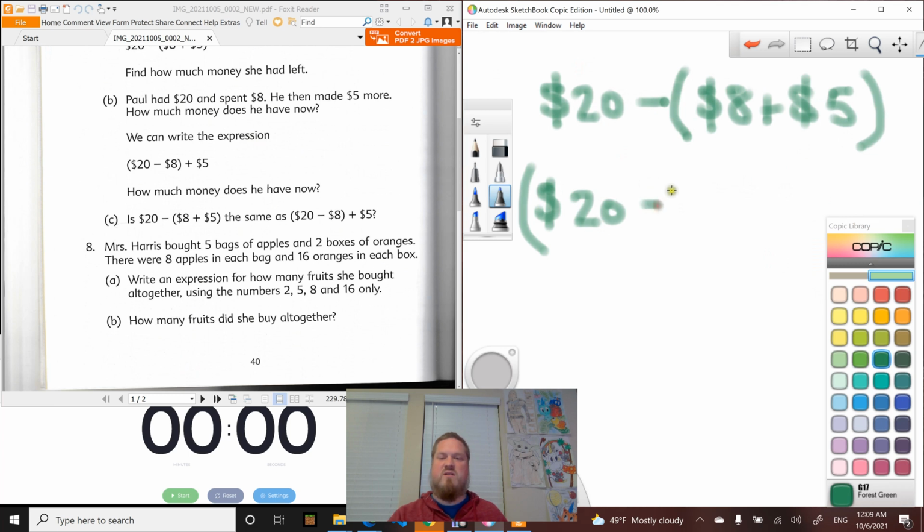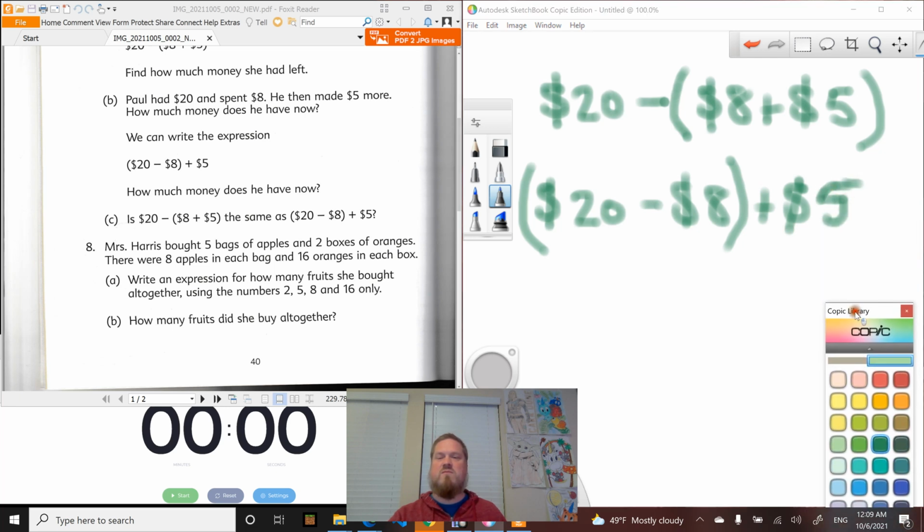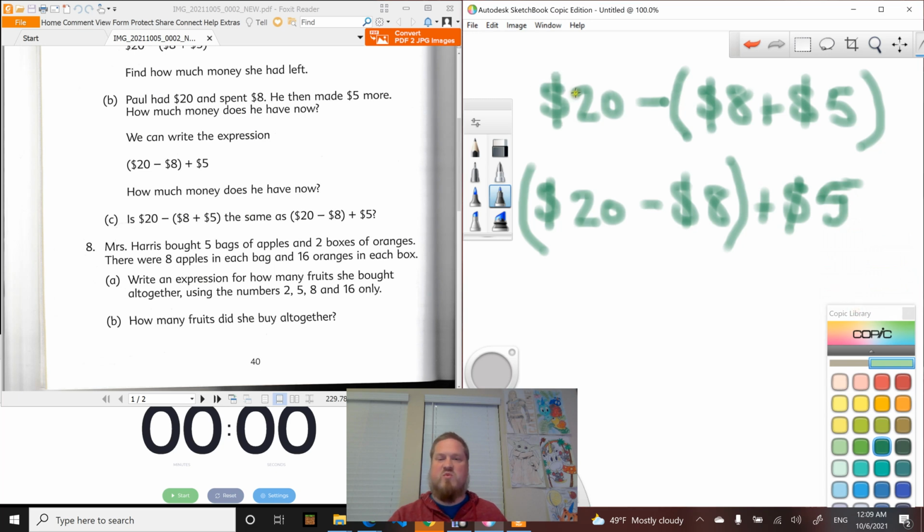He spent 8 first. Then he added by earning it $5 more. The numbers are the same, 20, 8, 5, 20, 8, 5. The operators are the same, minus, plus, minus, plus.